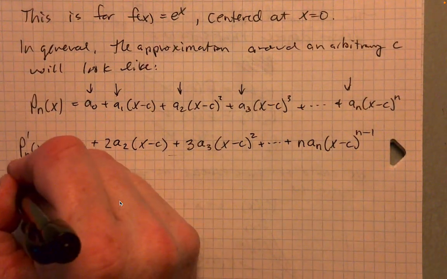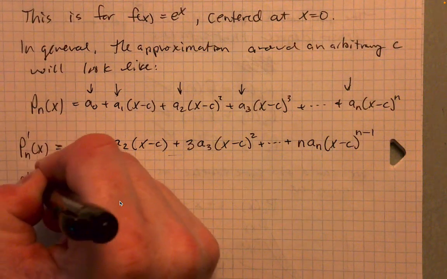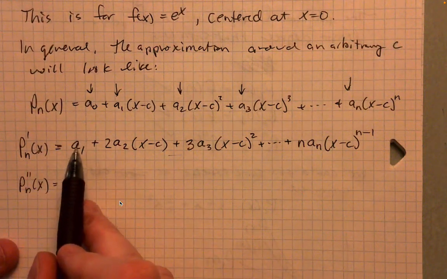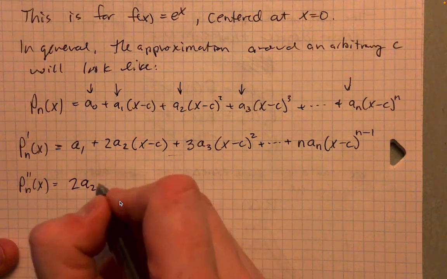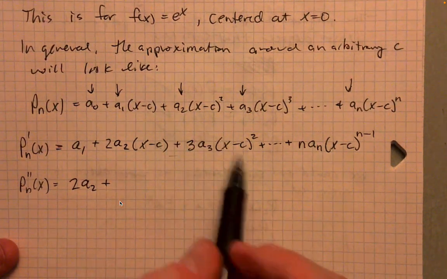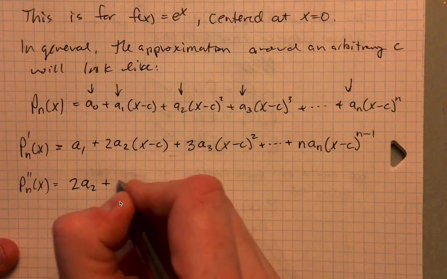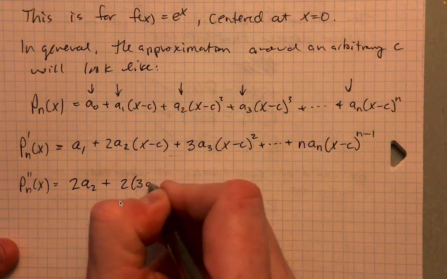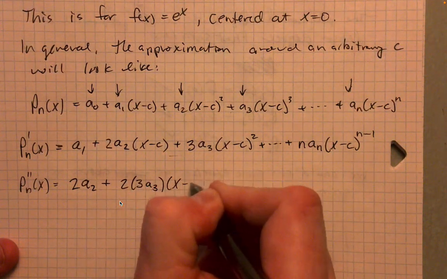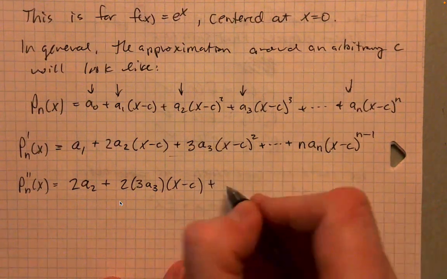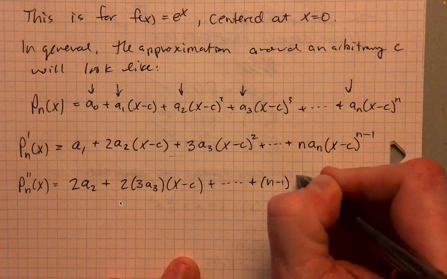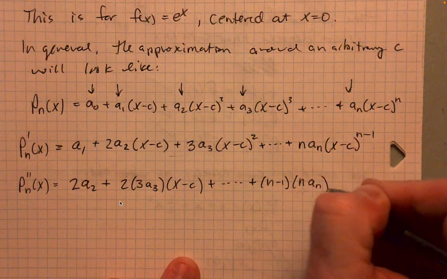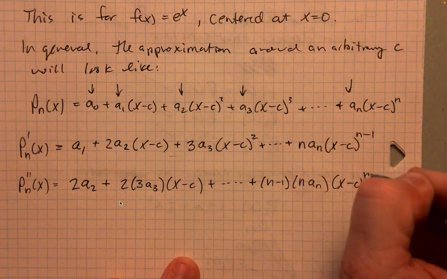What about the second derivative? Again, this is 0. So we start with 2 a sub 2, and then that is just 1 when you differentiate. And then it's 2 times 3a3 times x minus c plus dot dot dot plus n minus 1 times n a sub n (x minus c) to the n minus 2.